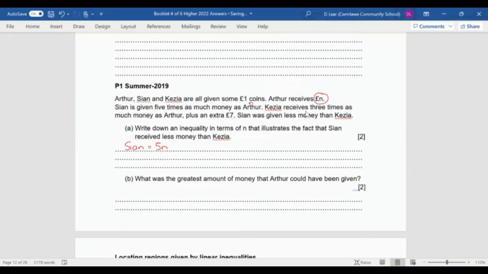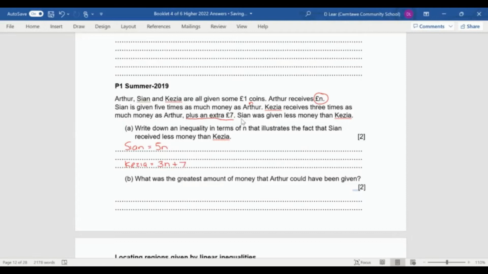Kezia receives 3 times as much money as Arthur, so she gets 3n, plus an extra 7, add on an extra 7.